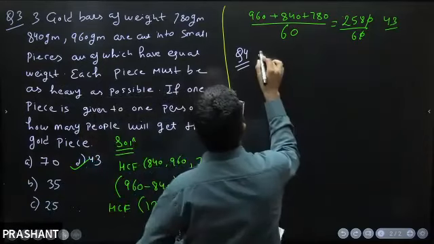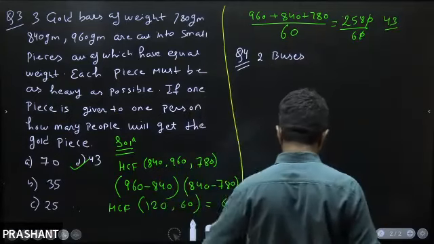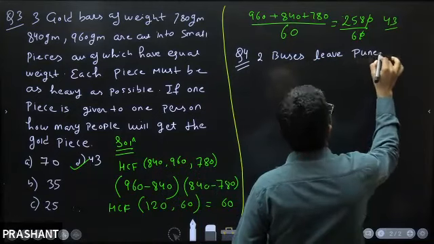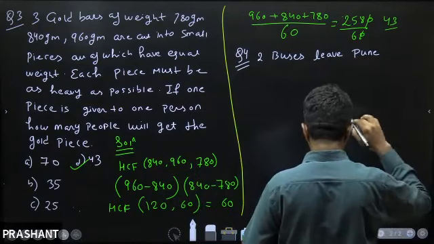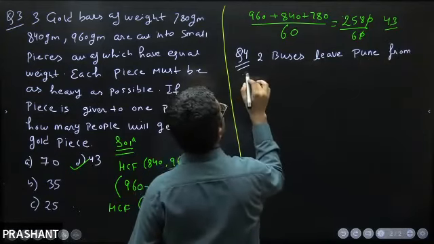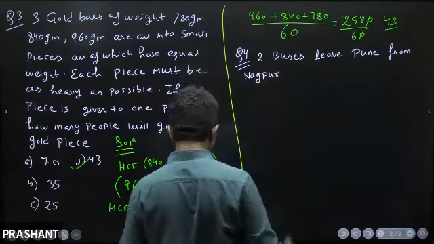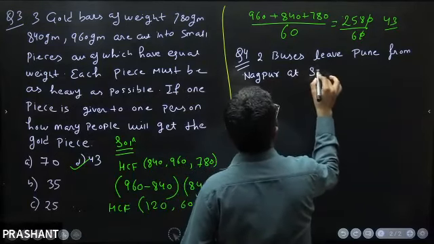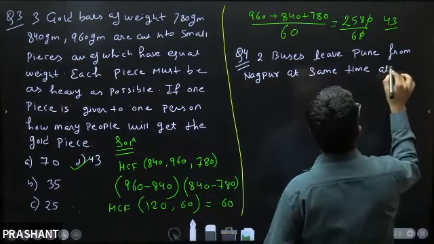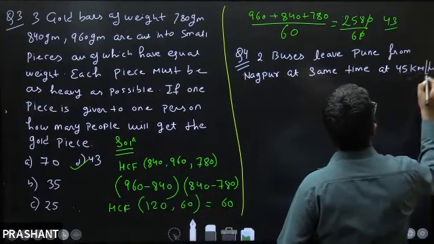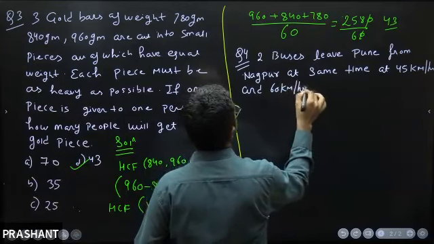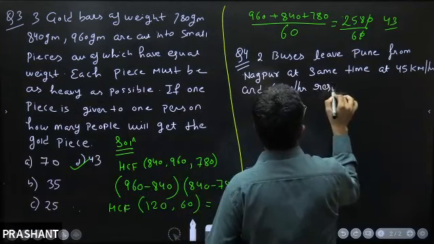Next question. 2 buses leave Pune from Nagpur at the same time at 45 kilometer per hour and 60 kilometer per hour respectively.